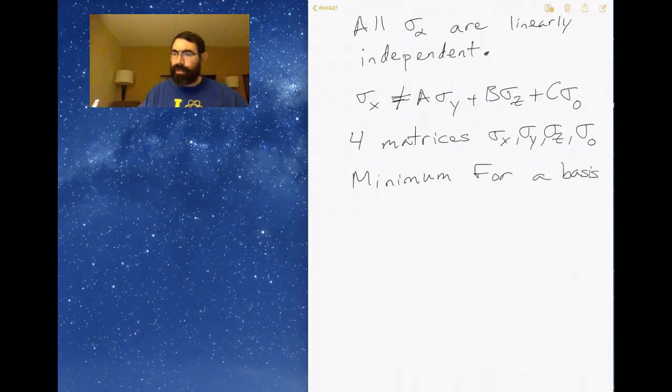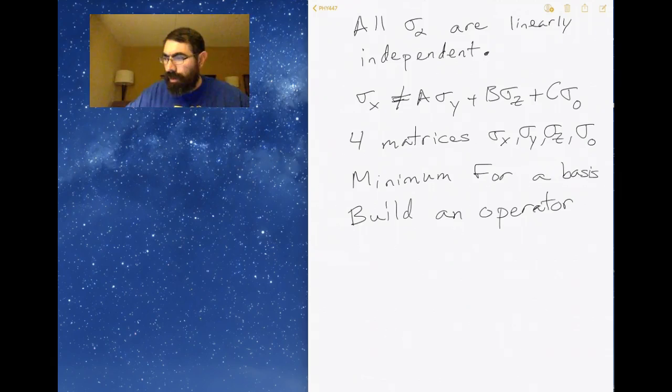So to show you that, now we'll build an operator out of the sigmas.